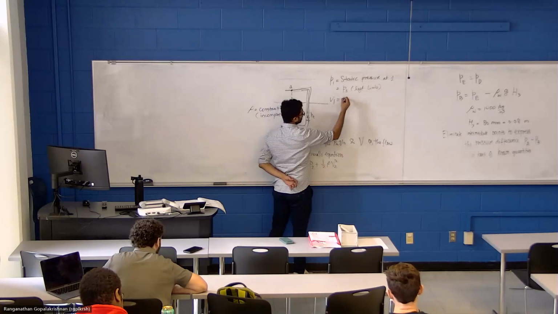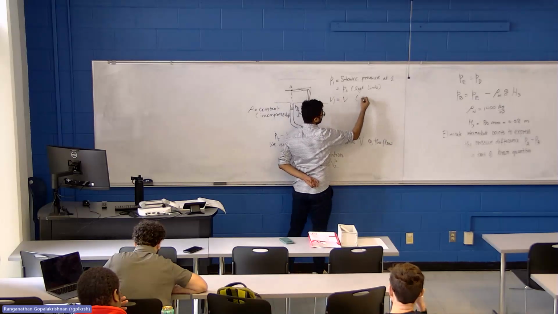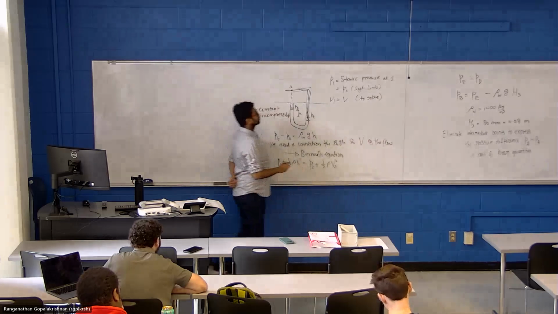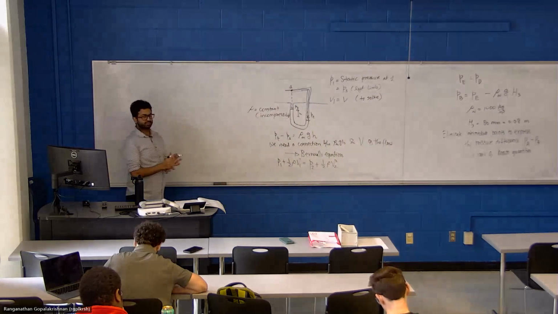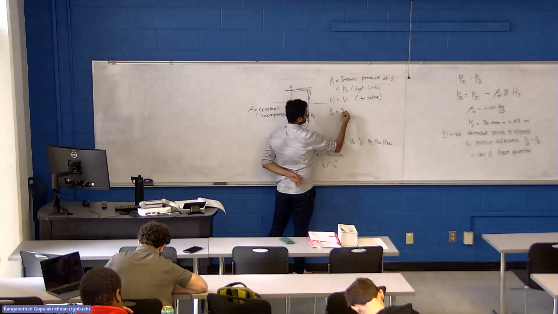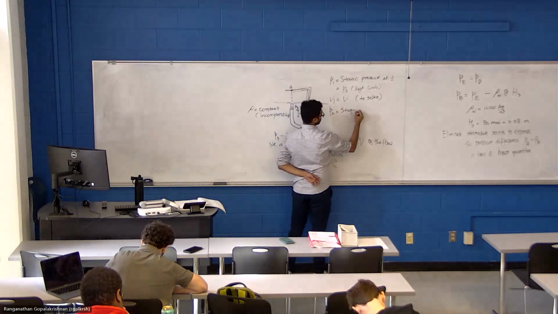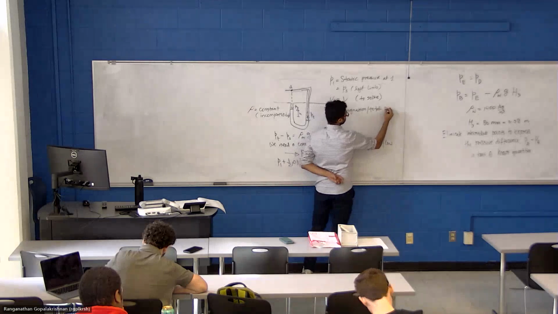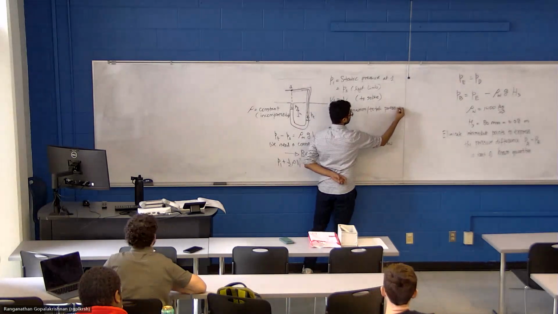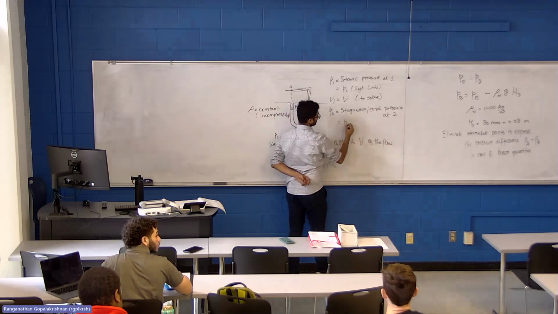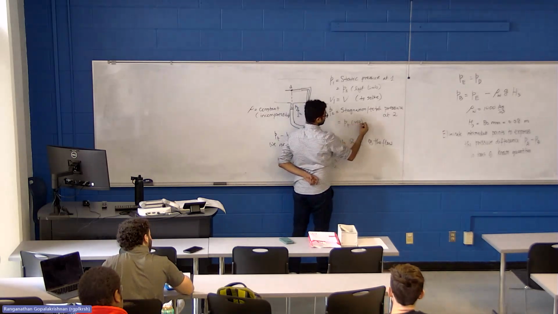V1 is the velocity that we are trying to solve for. And P2 is the stagnation or total pressure at 2, and this is P_T, the right limb.